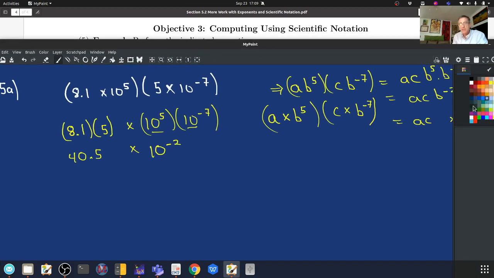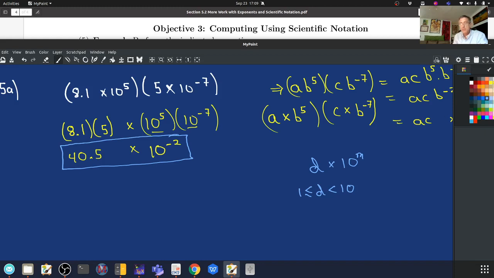This is absolutely numerically correct, but it's not in scientific notation. Because scientific notation is in the form D times 10 to some power m, where D is greater than or equal to 1, but less than 10. 40.5 is greater than 10.